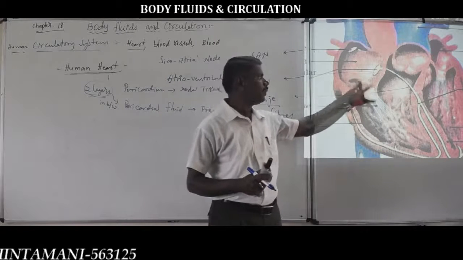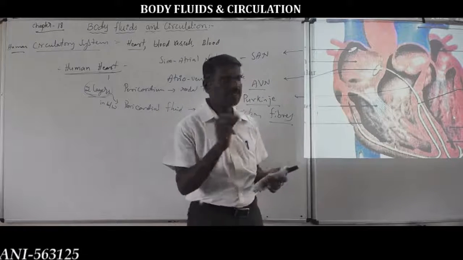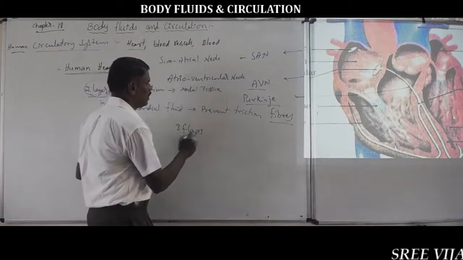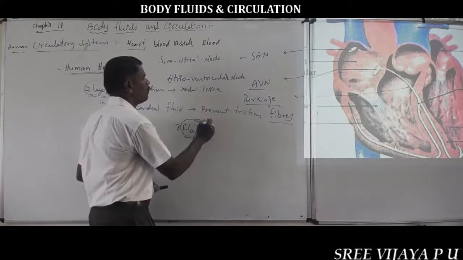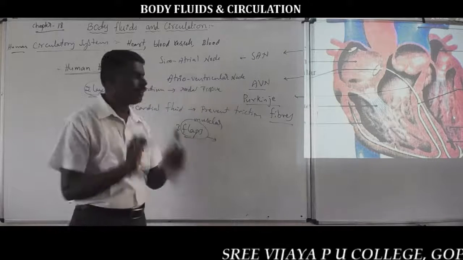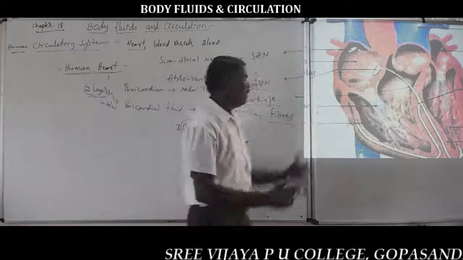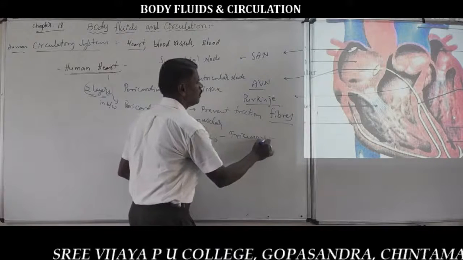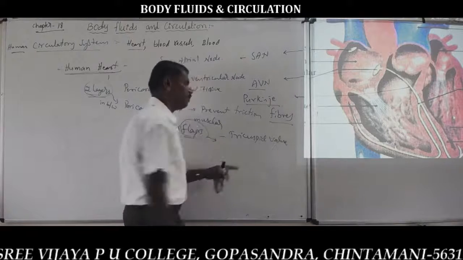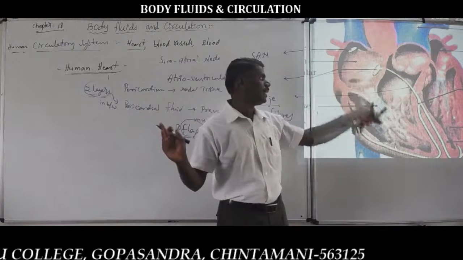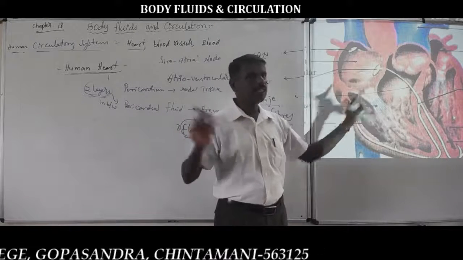This pore is guarded by three muscular flaps, hence it is called the tricuspid valve. The tricuspid valve is present between the right atrium and right ventricle.